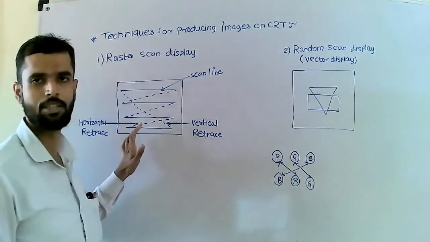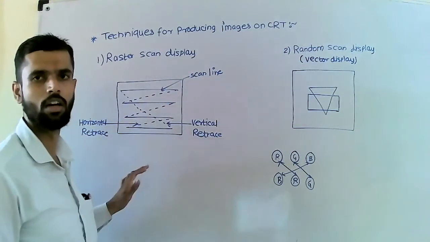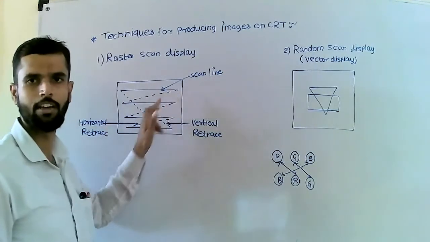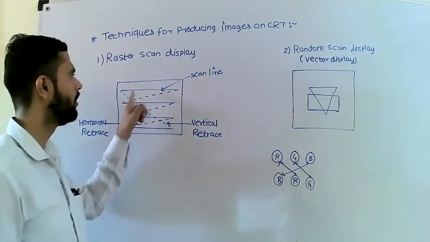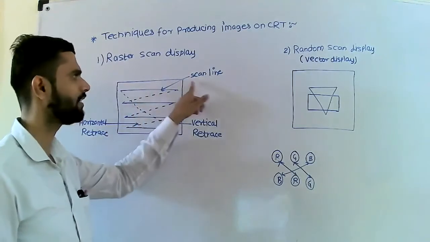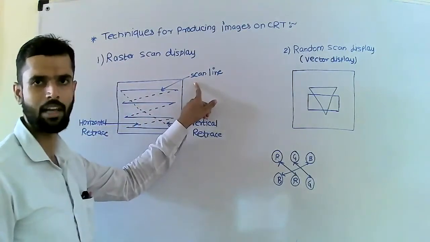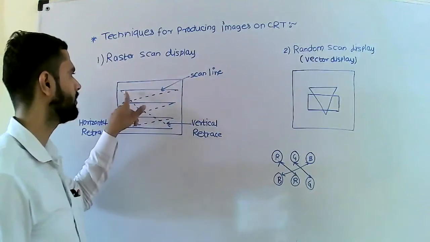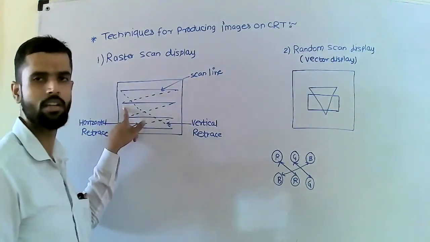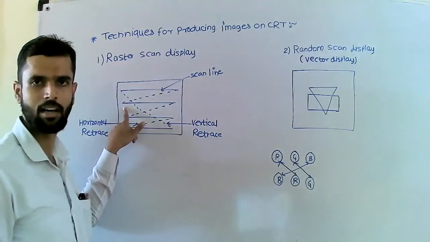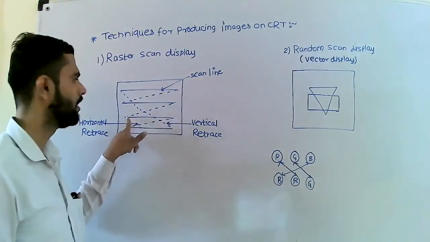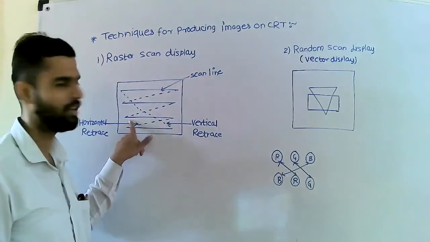So what happens in the raster scan display? The electron gun will move from left to right in order to scan the first line of the pixel. That's why that line is called a scan line. Then, after completion of the scanning of the first line, it will move towards the next scan line. Again, after completion of this line, it will move towards the next scan line.